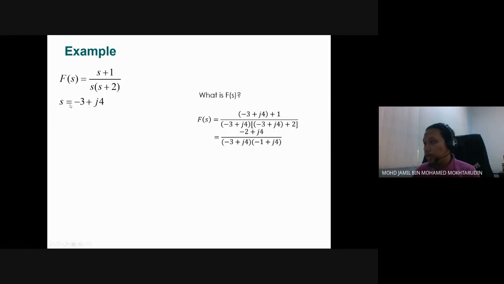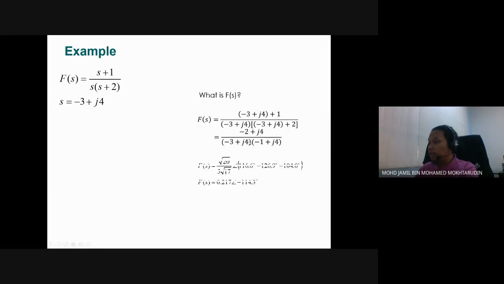So first you put s on the numerator, and then substitute on the denominator, and then you separate them. Okay. So first you simplify the numerator, so you will get minus 2 plus j4, and then divided by minus 3 plus j4, and then in this bracket you simplify minus 3 plus 2, you get minus 1 plus j4.